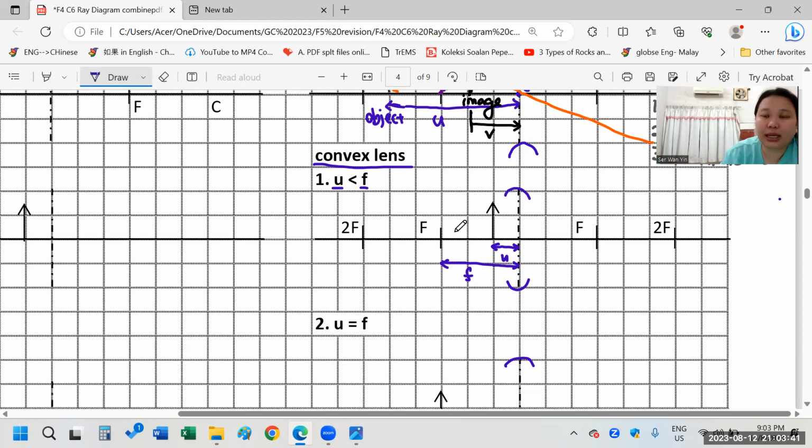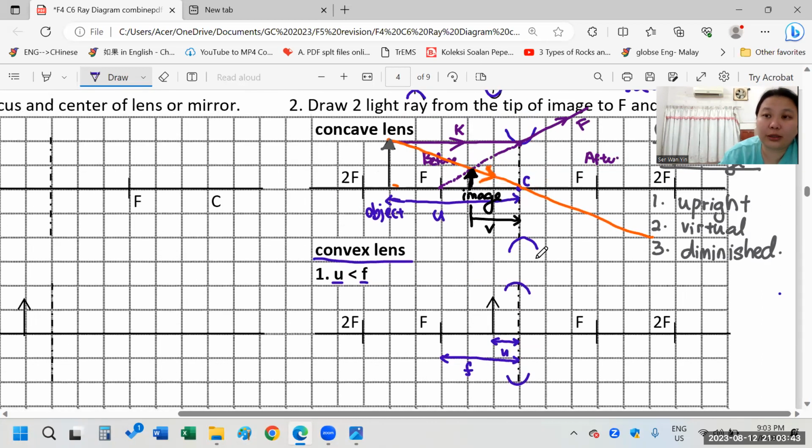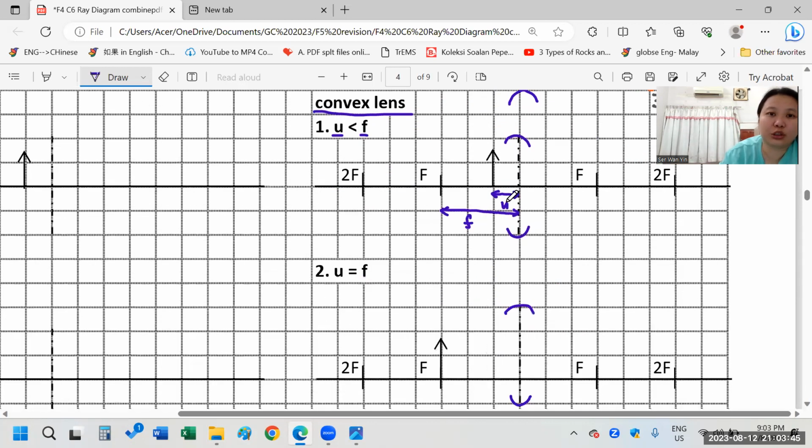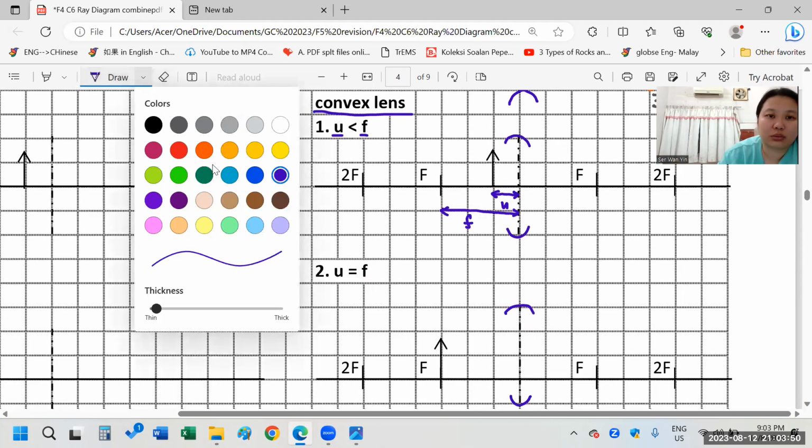Same thing, I draw with green and orange. It's easier to see. So first of all, what should you draw?